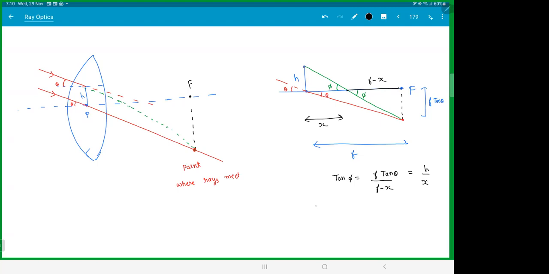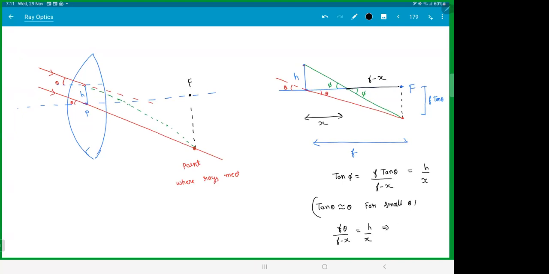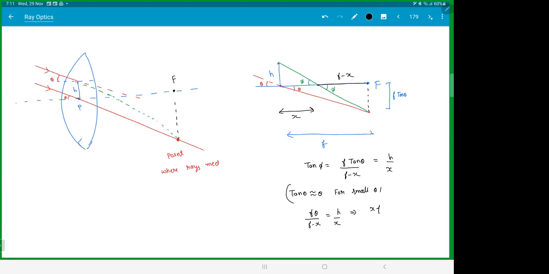So for small theta, tan theta is almost equal to theta. You end up with f theta by f minus x equals h by x. Cross multiply, and you end up with x f theta equals fh minus fx, and x will be fh by f theta plus f.